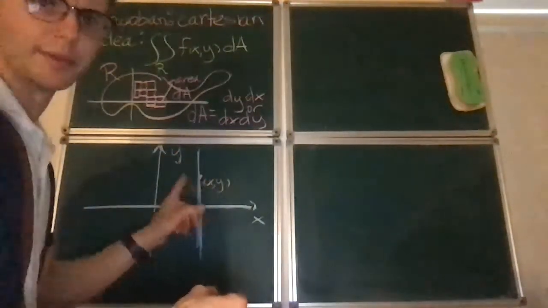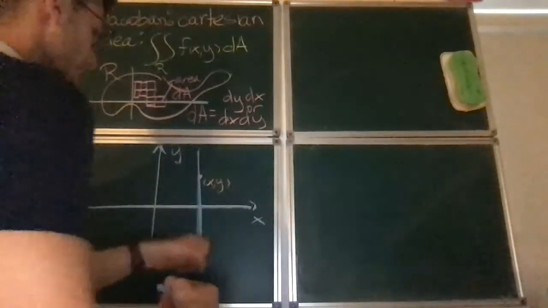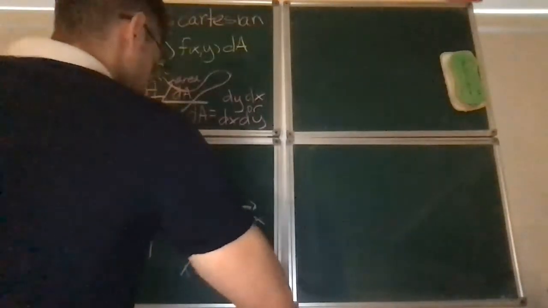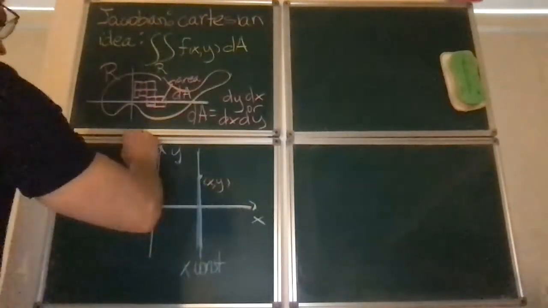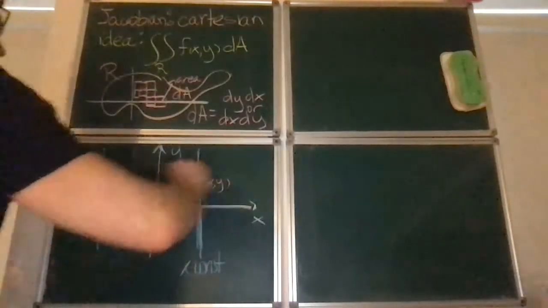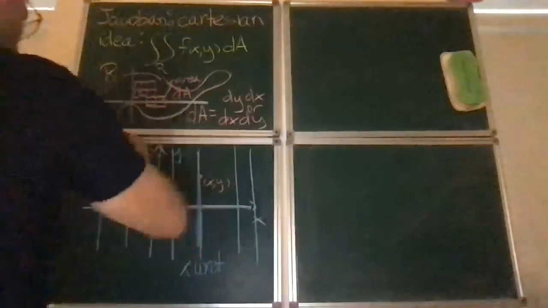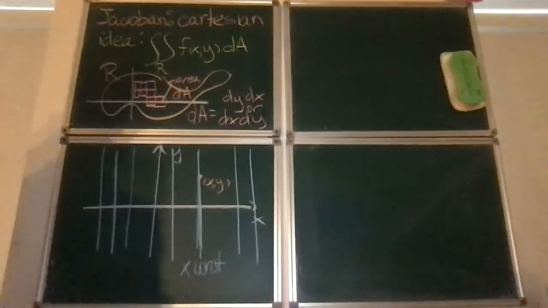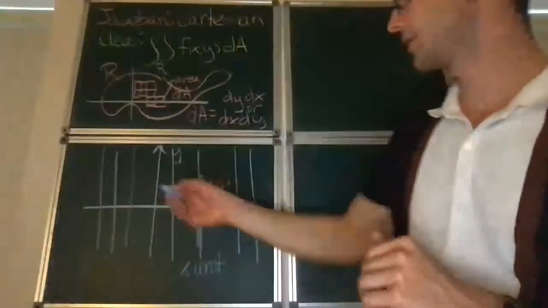The idea of this being parallel is that being parallel to the y-axis means that x is constant. So let's put x constant here. And likewise, any vertical line that you draw on the xy plane has the property that x is constant. Okay?